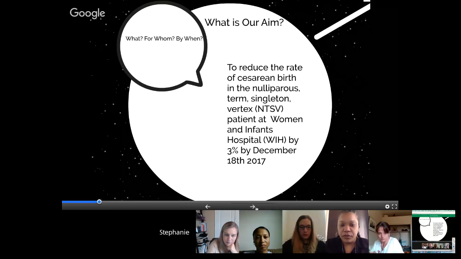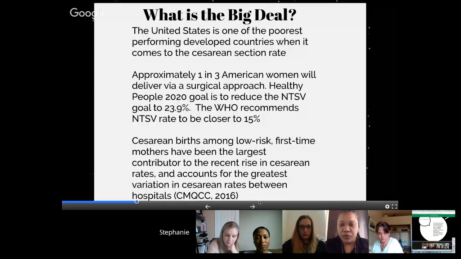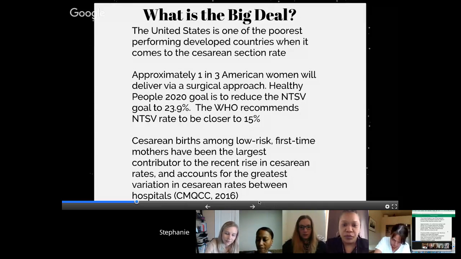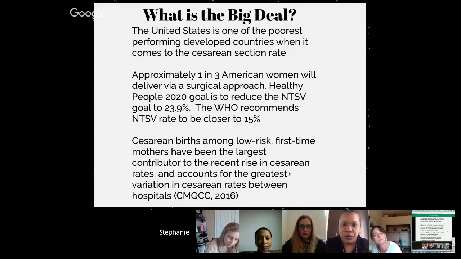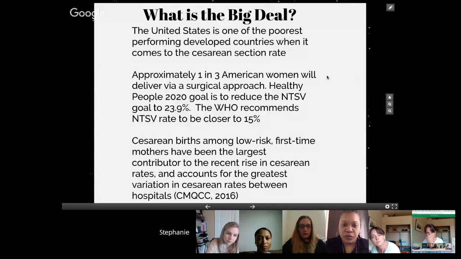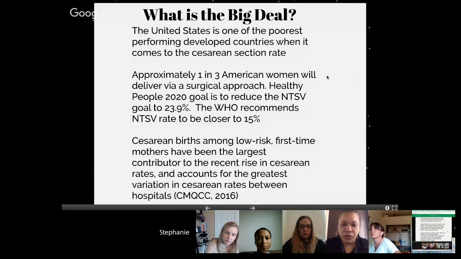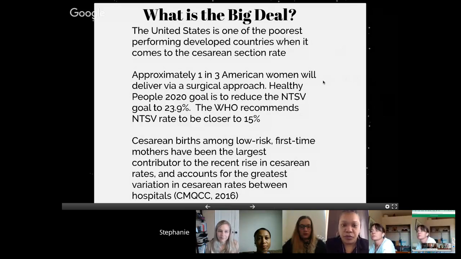So again, when we think about the healthcare spending dollars per capita, it's a big deal because of maternal fetal outcomes in the United States being what they are, the United States is still one of the poorest performing developed countries when it comes to the cesarean section rate.